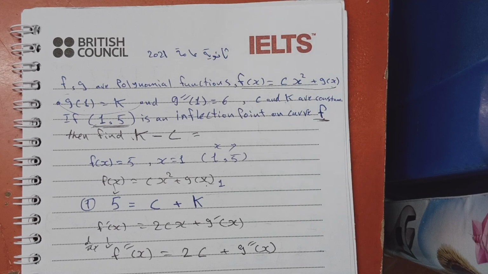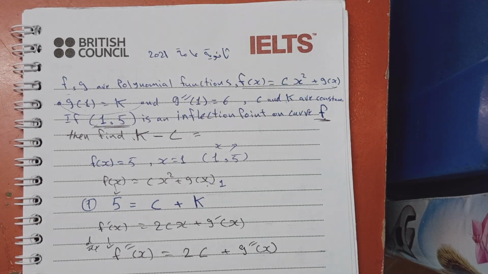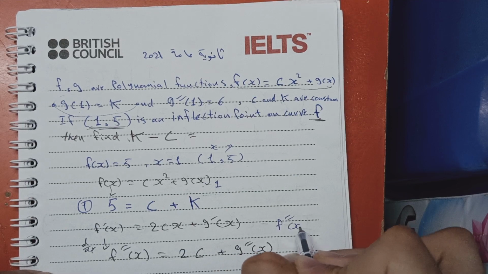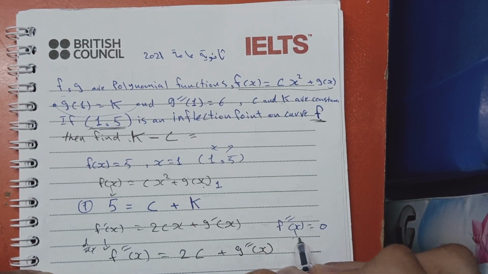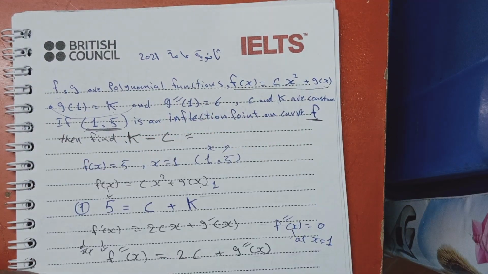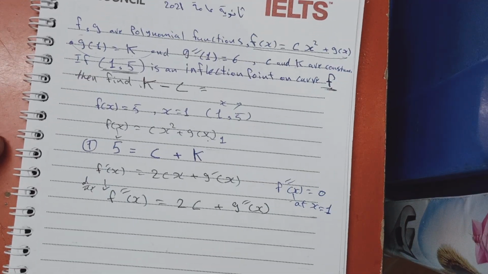Okay, pretty easy now. We have an inflection point, so the second derivative must be equal to 0 at x equal 1, because he said that we have an inflection point at x equal 1.